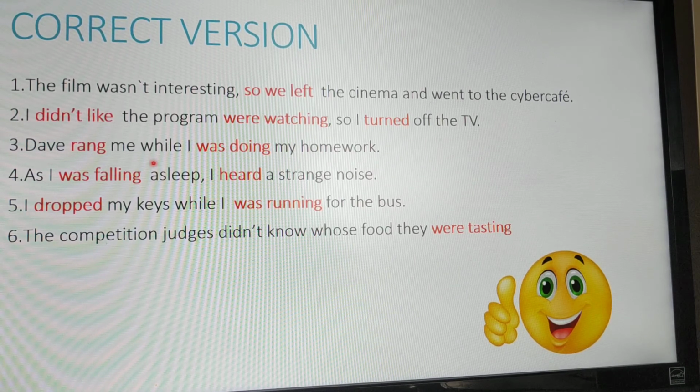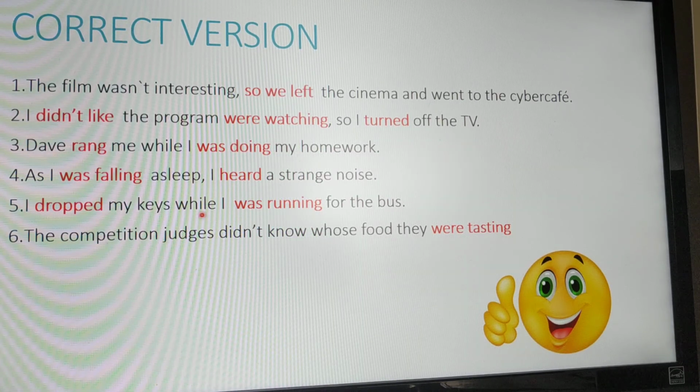Dave rang me while I was doing my homework. Number 4. As I was falling asleep, I heard a strange noise. Number 5. I dropped my keys while I was running for the bus. And number 6. The competition judges didn't know whose food they were tasting.